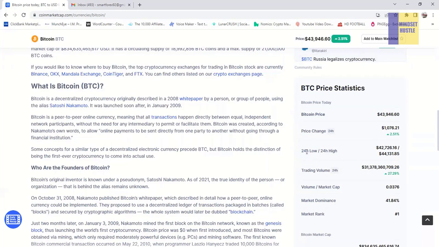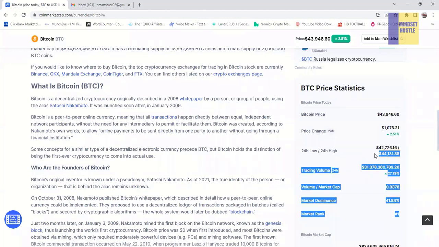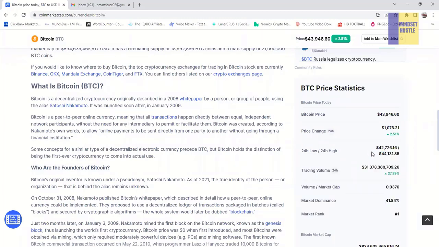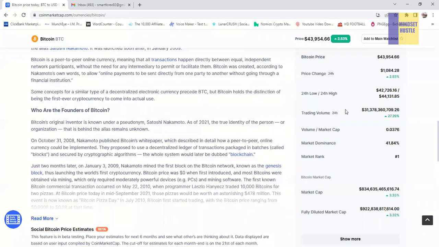Then you can also look at the last 24 hours low and the high. So this was the low of today, and this was the highest price Bitcoin went to today. You can also look at the total trading volume, the volume that was traded today. As you can see, that is about 31 billion dollars that was traded today on Bitcoin alone.